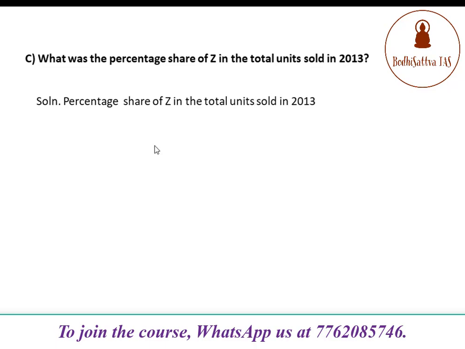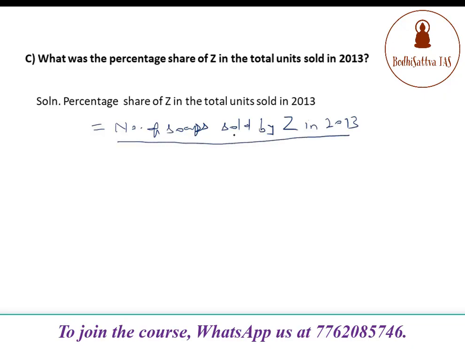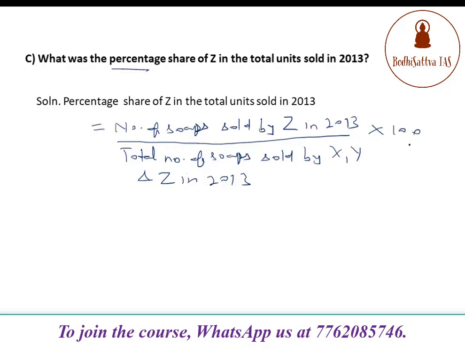It will be given by the number of soaps sold by Z in 2013, divided by the total number of soaps sold by X, Y and Z in 2013, and to get the percentage, we will multiply by 100.